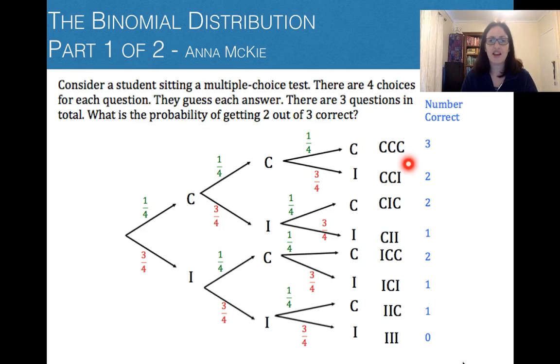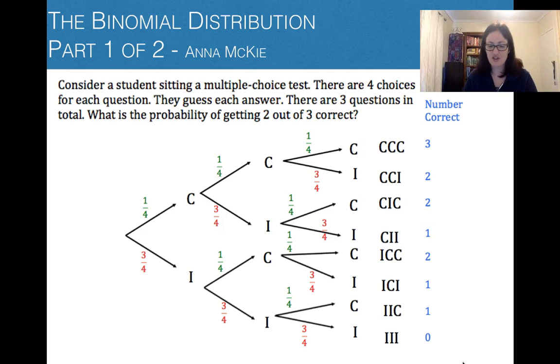So then here are the results at the end of each branch of this tree diagram. Here we have 3 correct, as you can see here, and there's only 1 chance of that happening. Likewise at the bottom end of the tree, getting 3 incorrect. There's only 1 way of getting to that, so that we would have none correct.